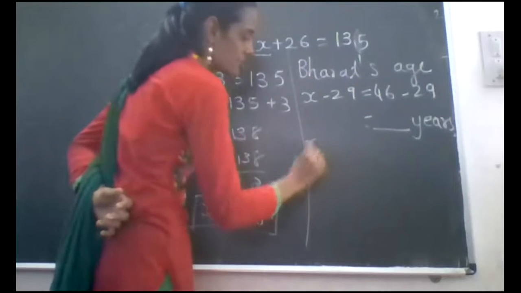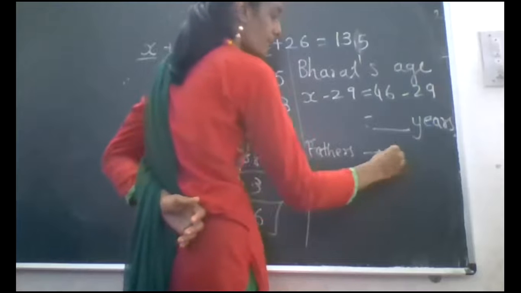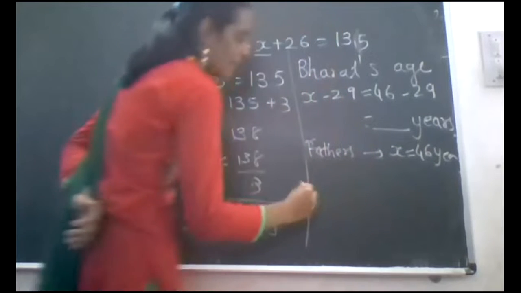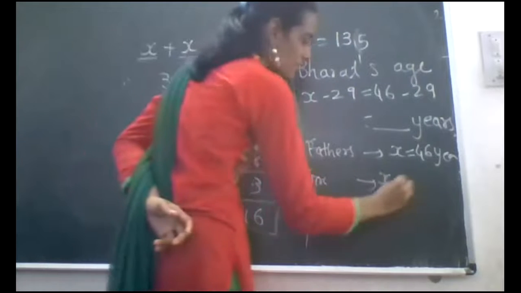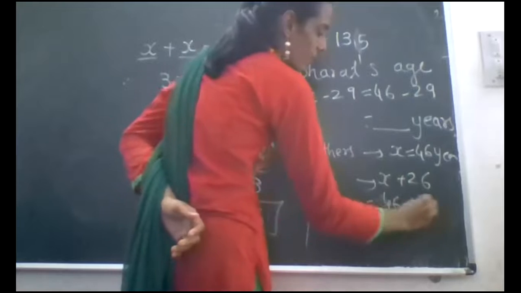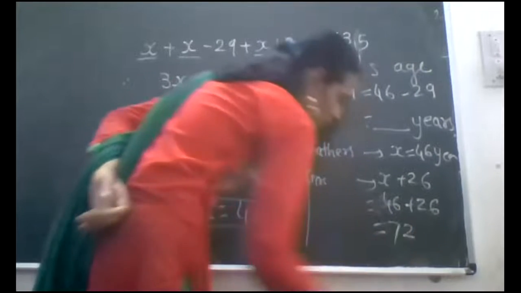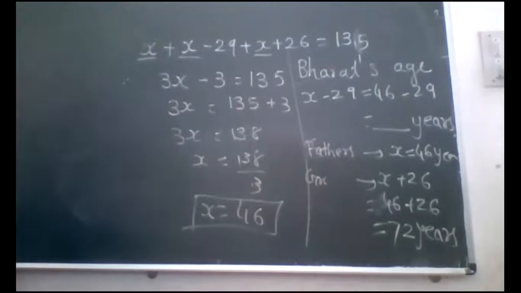Bharat's father's age is only x, so he is 46 years. And his grandfather's age is x plus 26, that means 46 plus 26 is equal to 72 years. Is it clear now to everyone?